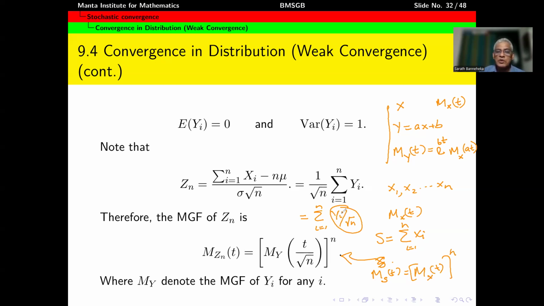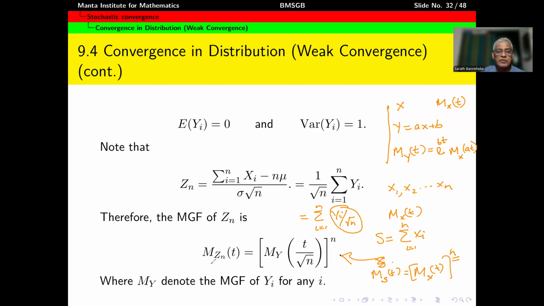The moment generating function of Yi divided by root n is equal to the moment generating function of Y evaluated at t over root n. Then when you take the summation, because each has the same moment generating function, you finally get the nth power, because it is the product of the moment generating functions. So that's how we get this one.